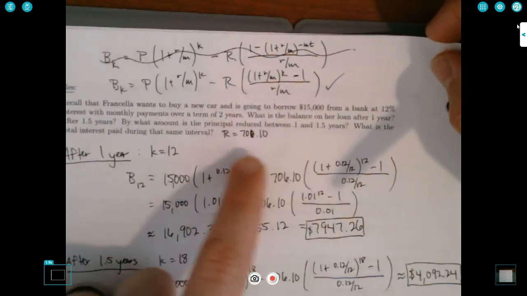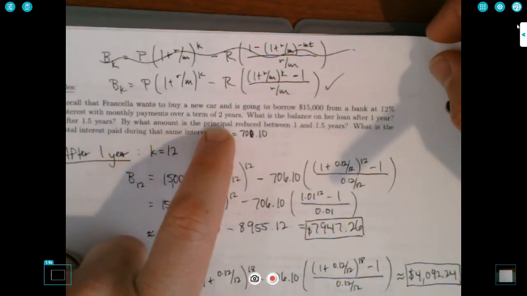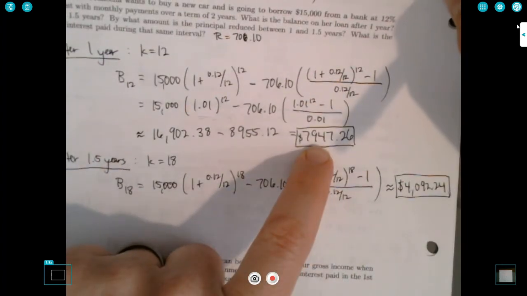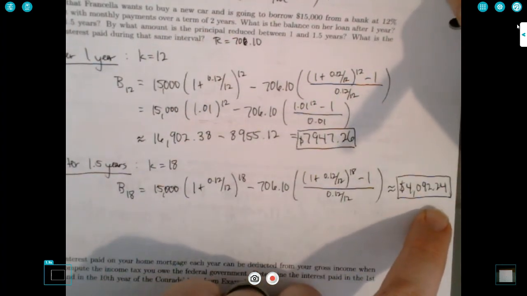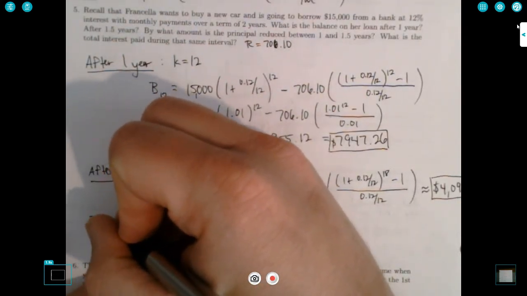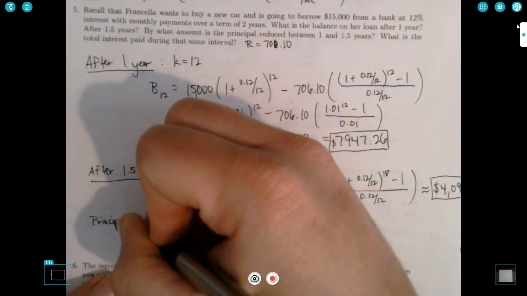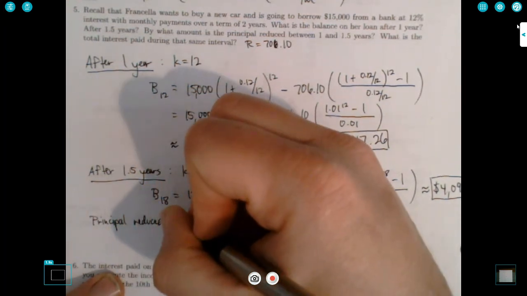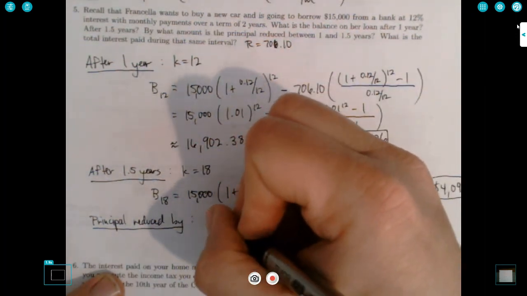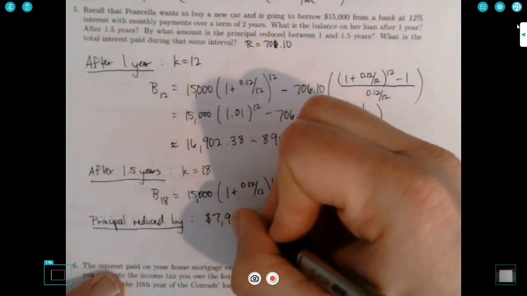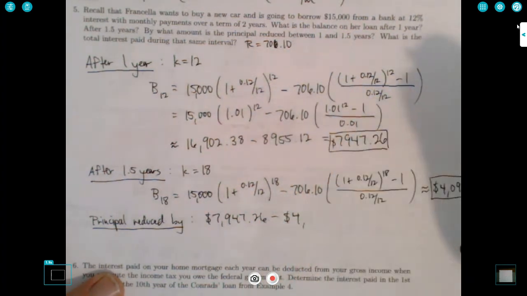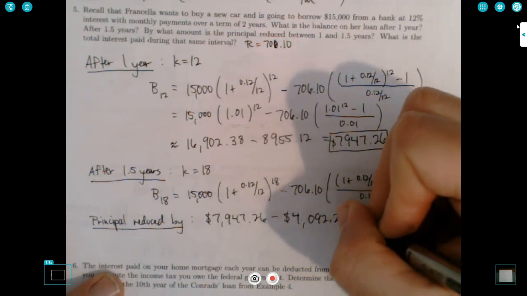But the next question is, by what amount is the principal reduced between 1 and 1.5 years? Well, this is the principal after 1 year, and this is the principal after 1.5 years. So we'll say principal reduced by $7,947.26 minus $4,092.24.